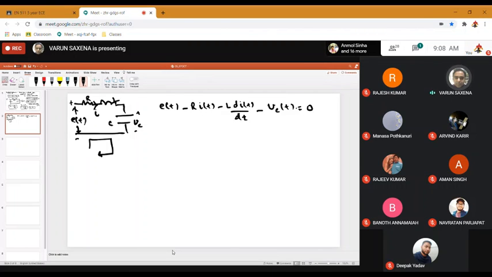Now because our current and voltage are basically the state variables, I need current differential and voltage differential on one side.